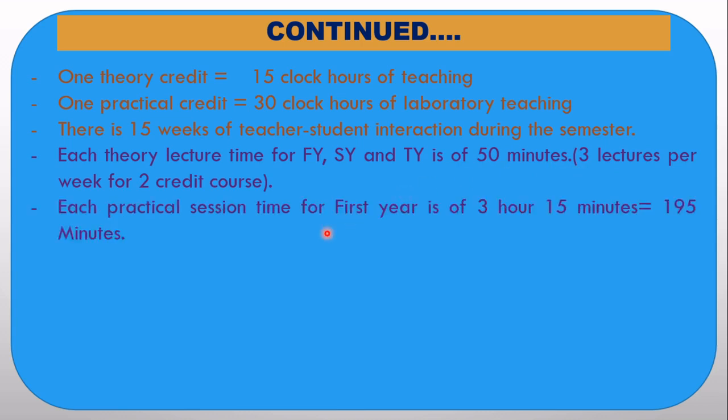Each practical session time for first year is 3 hours 15 minutes, that is 195 minutes. So it is only limited to first year. For first year, a practical session will be of 3 hours and 15 minutes. Means any student has to spend 3 hours and 15 minutes for the completion of a practical in the laboratory. But it is not so for SY and TY.